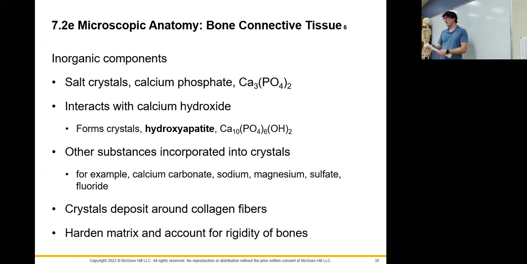The collagen is there to allow the bone to resist breaking. They're going to resist torsional stress with the collagen fibers, whereas the compressional strength is going to come from the calcium phosphate. So the hard calcium part is what makes them resist compression, and they resist breakage side to side because of the collagen.